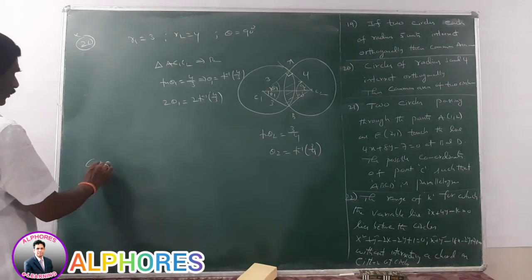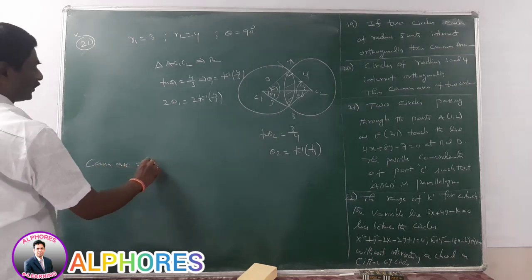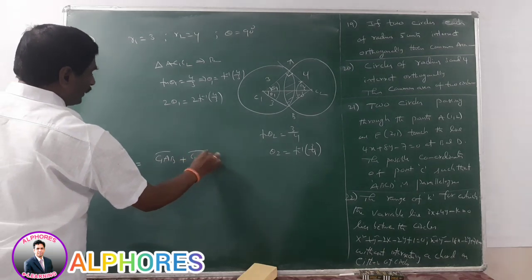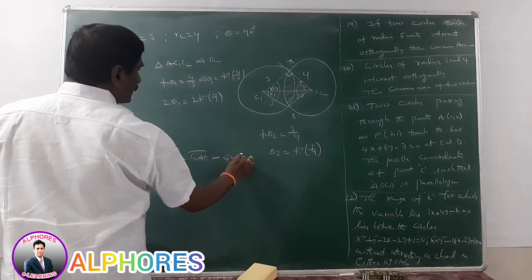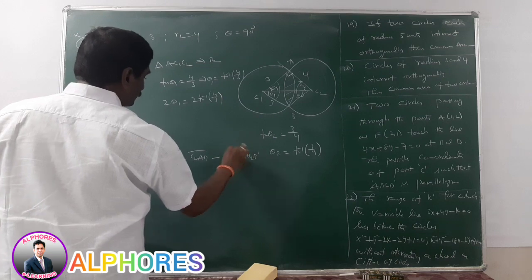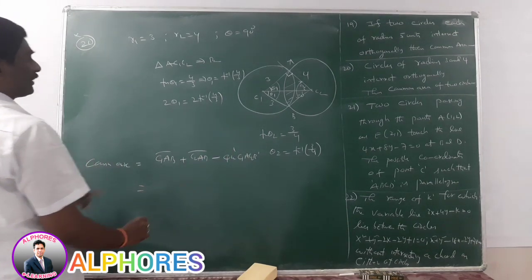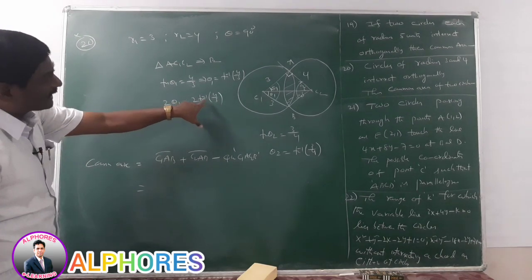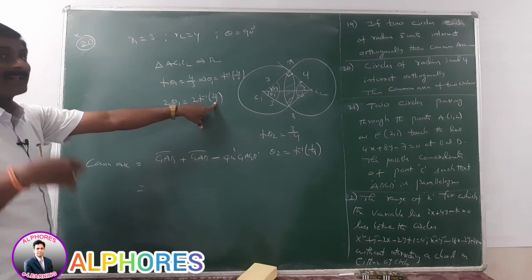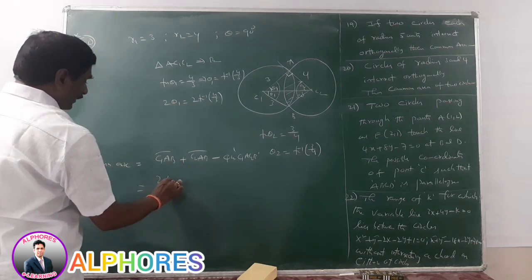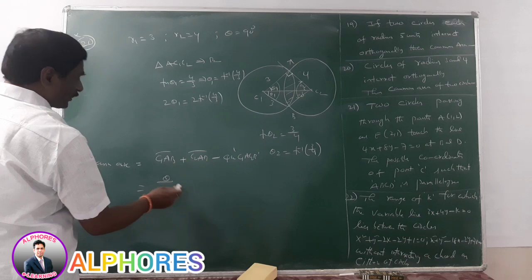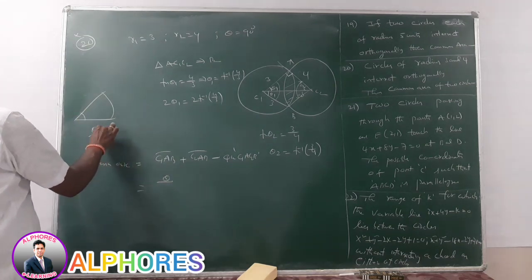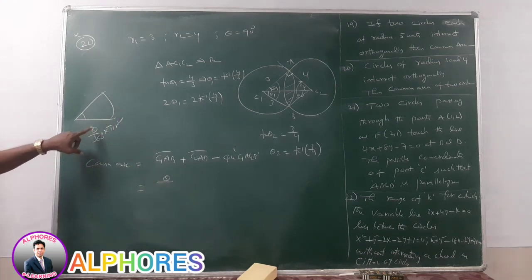Therefore, the common area is equal to the area of arc C1AB plus the area of arc C2AB minus the area of quadrilateral C1AC2B. The arc C1AB area is theta by 360 into pi r square. Here theta means 2 theta 1, and this is in radians, since tan inverse gives radians. Sector area is theta by 360 into pi r square when theta is in degrees.